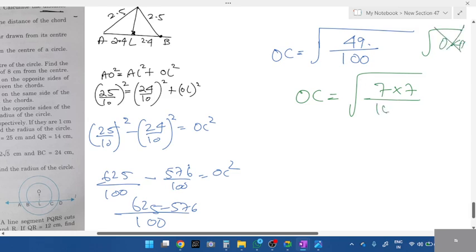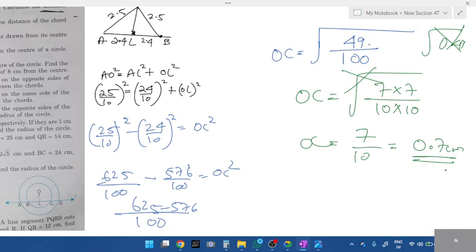What is 100? 10 into 10. If you want to eliminate the square root, how many values do you have to take? What's the answer, students? Is it correct? Can you check the answer?